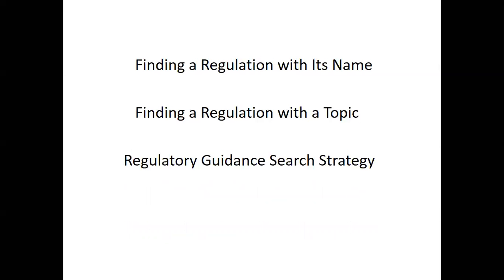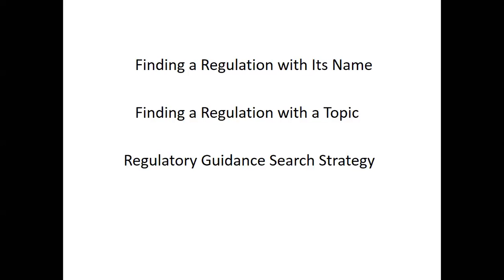Another way is, just like the statutes, you can find a regulation by its name. Sometimes these regulations become so important that they will have a particular name, and you can search it on the internet by its name.